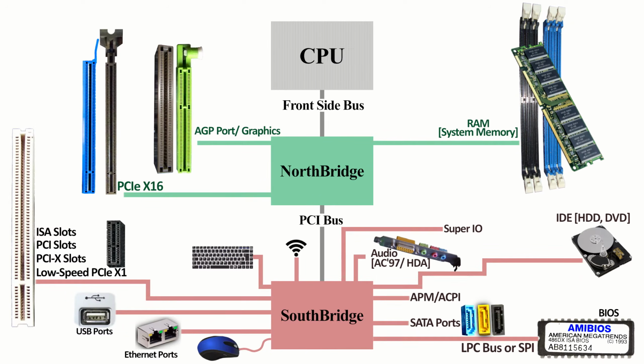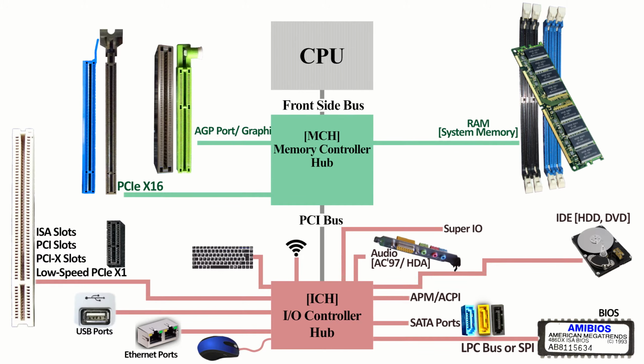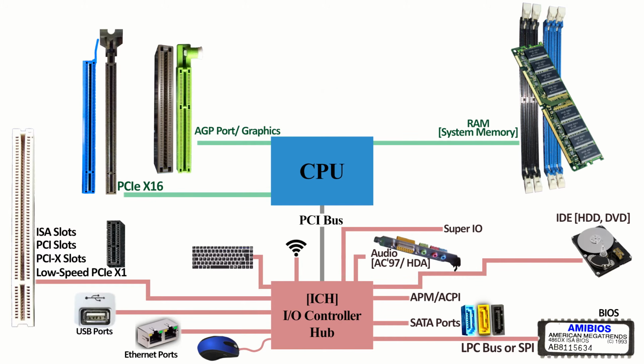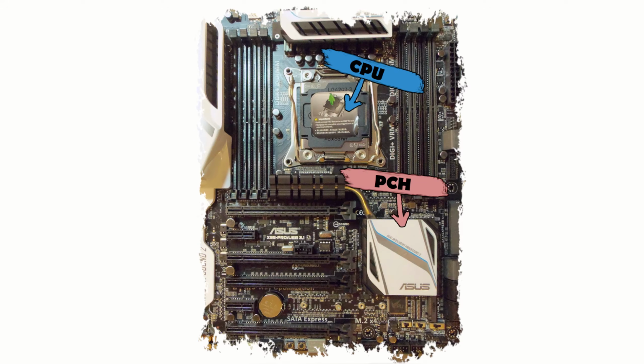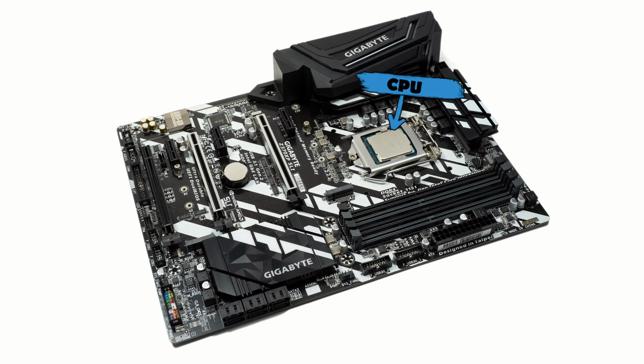With some updates to the chipset later on, the North Bridge was renamed the MCH and the South Bridge was renamed the ICH. With some more advances in technology, later on, almost all of the features of the MCH were incorporated into the CPU itself, and the ICH with some changes was replaced by the PCH. With this basic knowledge about the hardware, let's look at the boot process.